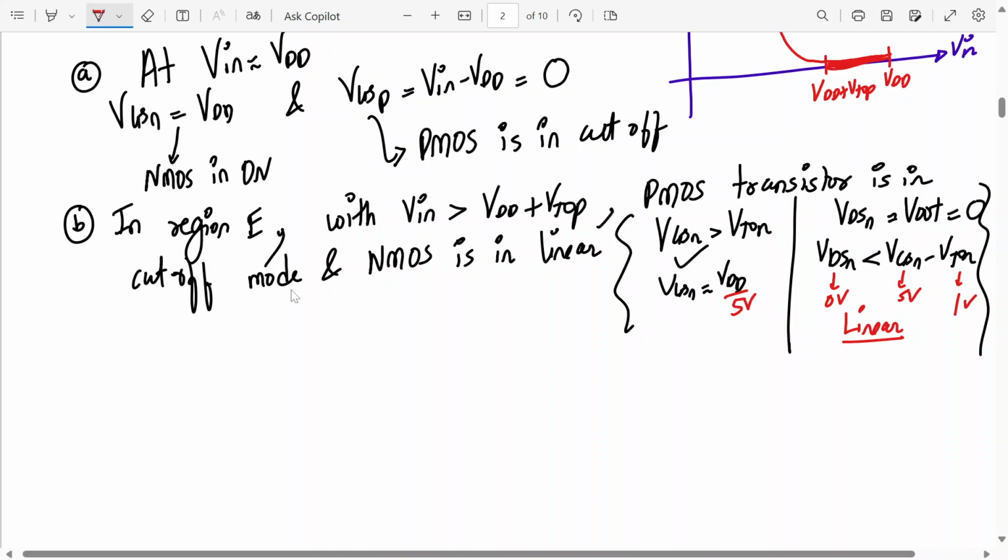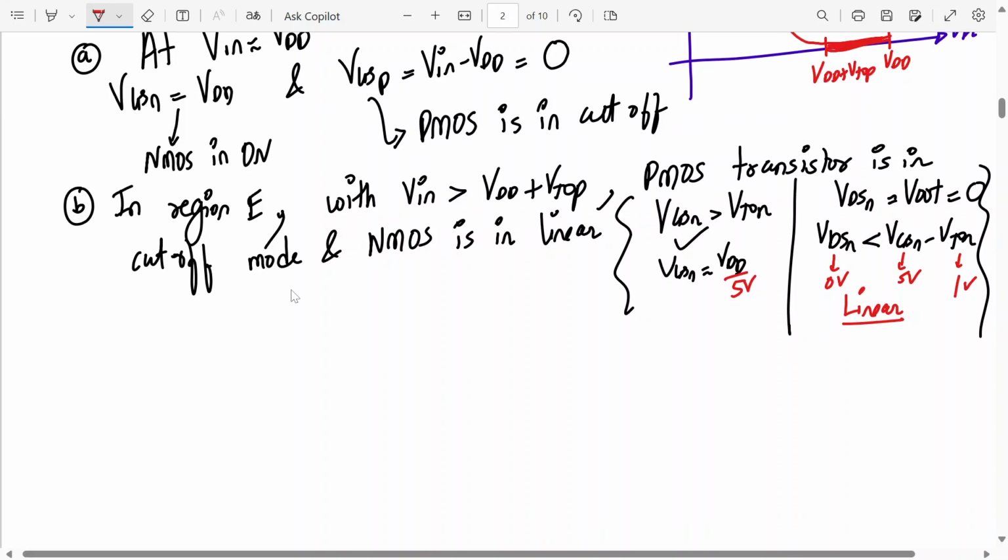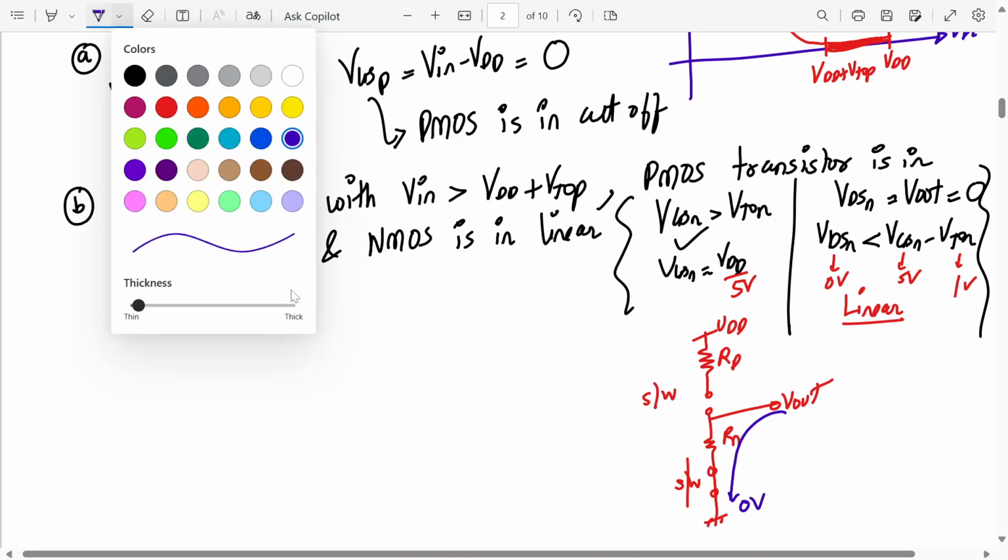Okay, so if we draw the equivalent inverter now with the switches, these are the resistances associated with NMOS and PMOS. This is my output. So PMOS is off, NMOS is still on, so it's a closed switch, and this is an open switch. So what will happen? Output will be pulled down towards 0 level, down to the ground in this case.